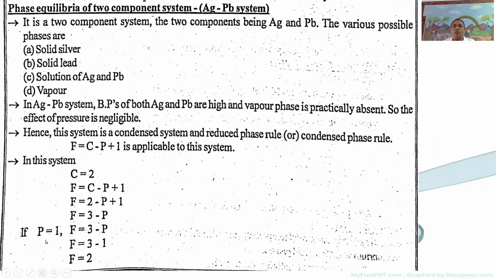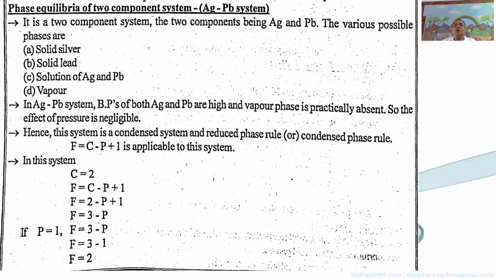If the number of degrees of freedom is required to explain any one phase of the silver lead system, where P is 1, F = 3 - 1, then F = 2. F = 2 means temperature and concentration.